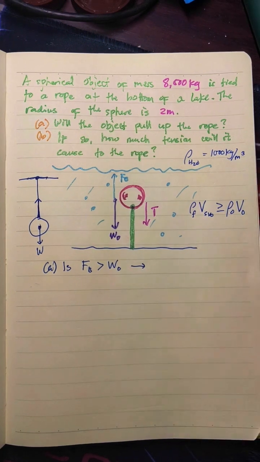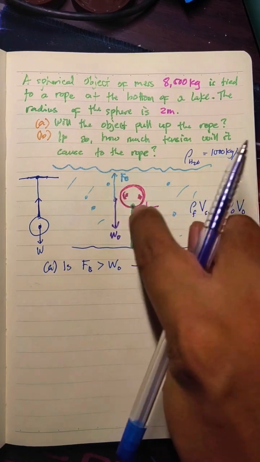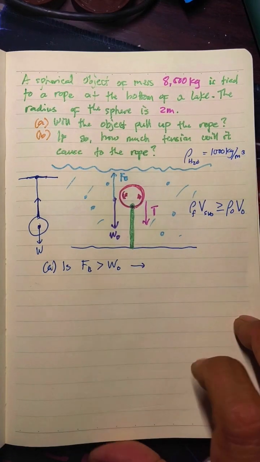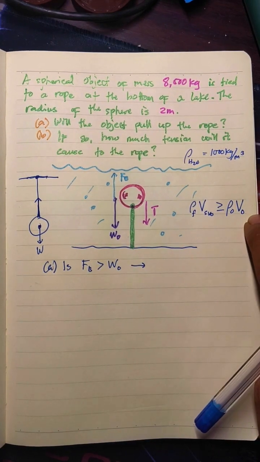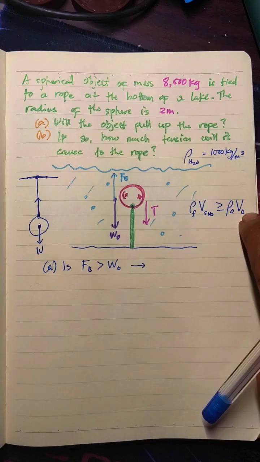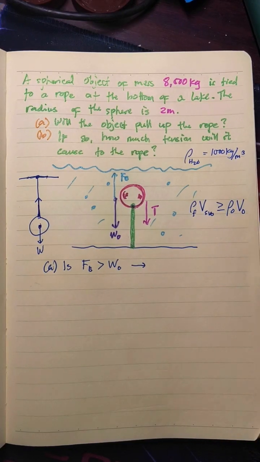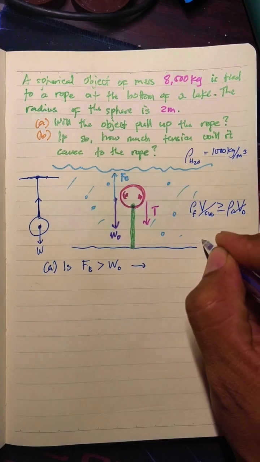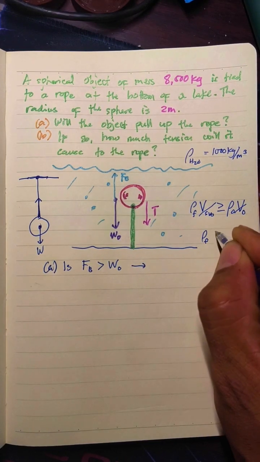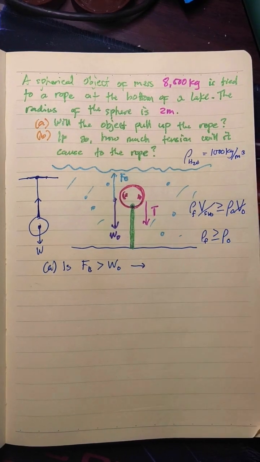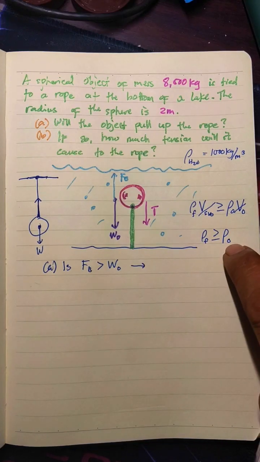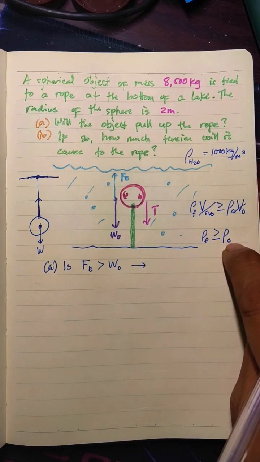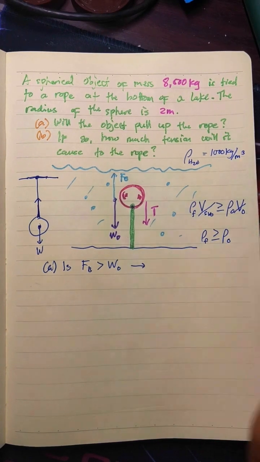Now, since we are assuming that the object is fully submerged in water, the submerged volume is equal to the volume of the object. So when this cancels out, the condition is that the density of the fluid must be greater than the density of the rope. Sorry, not the rope, but the density of the object.